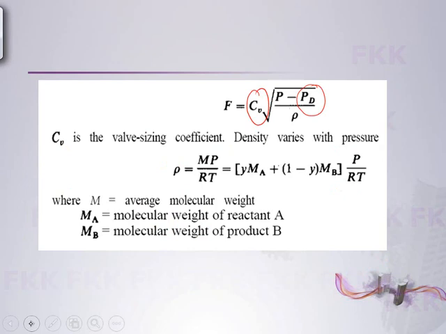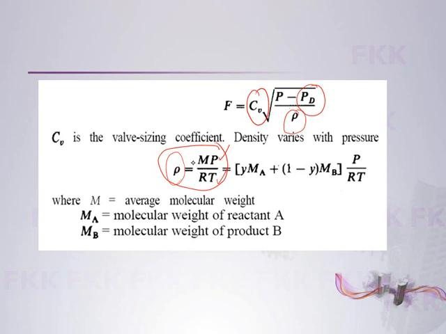Now, density varies with pressure. Your density here, this is a gas. The density will always vary because we use the equation of state. If your pressure changes, your temperature changes, then your density can easily change. You can assume density is constant if you are working with a liquid system, but never do that for a gas system.